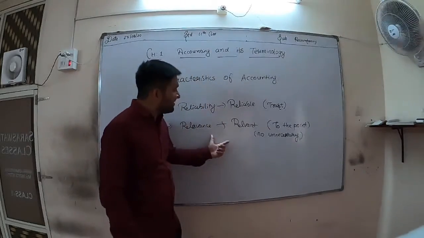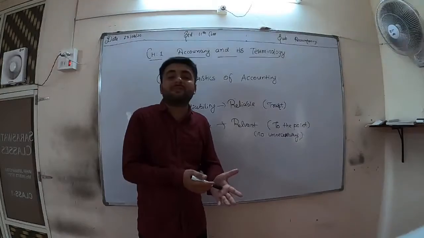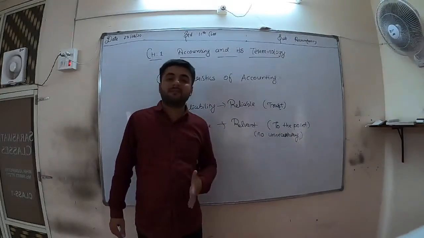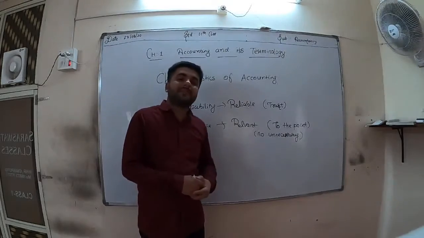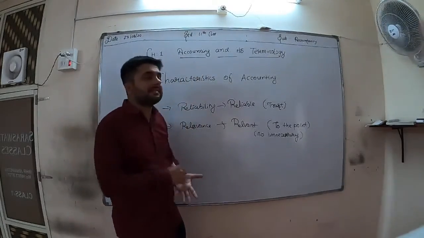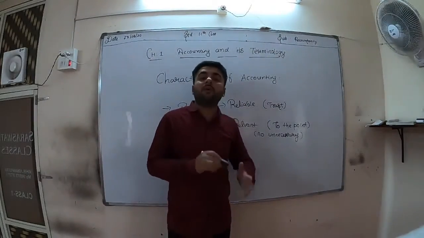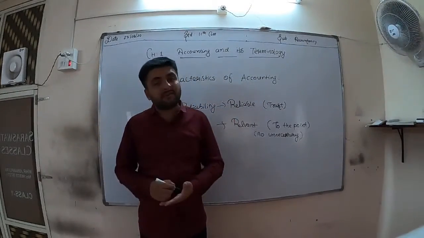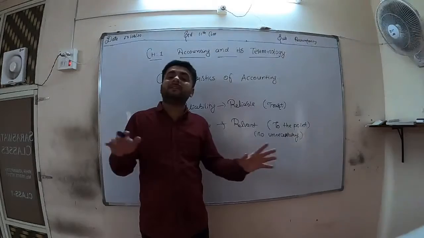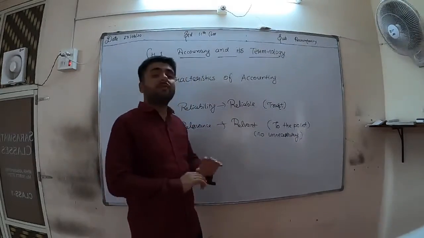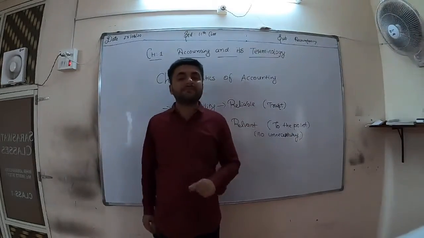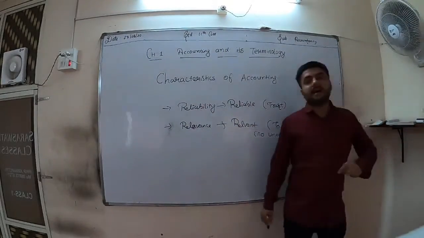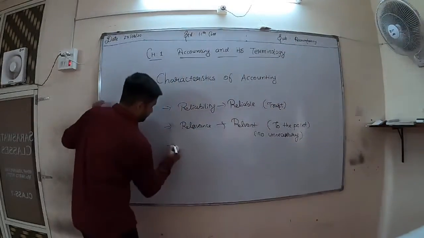Now you cannot present this fight of the workers or the road disturbance in accounting. Means you have to present only such information which is related to the business and which can be measured in terms of money. No unnecessary things are to be presented. Yes. Next is understandability.